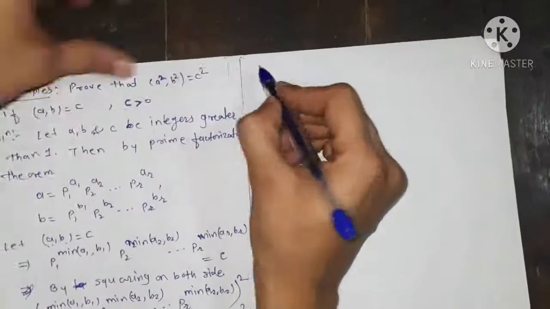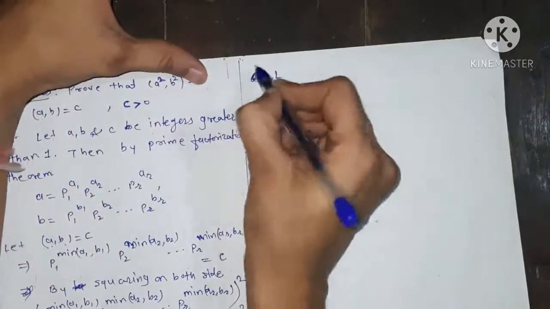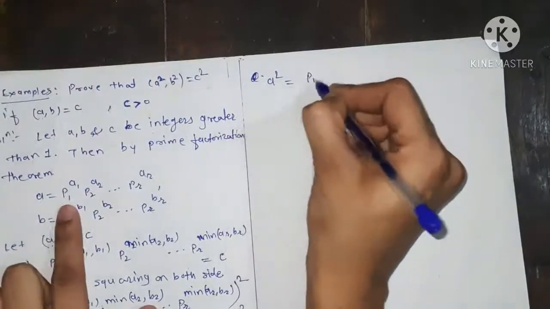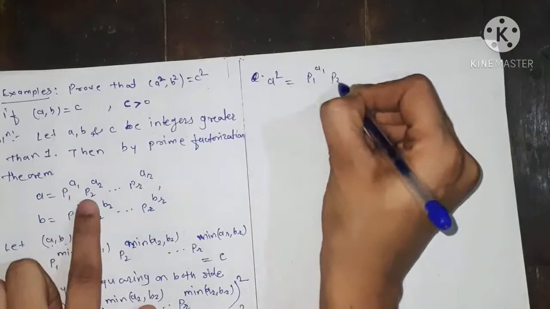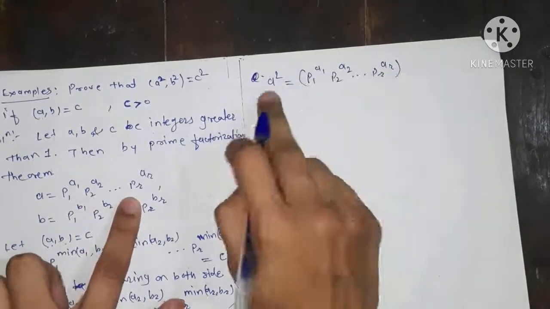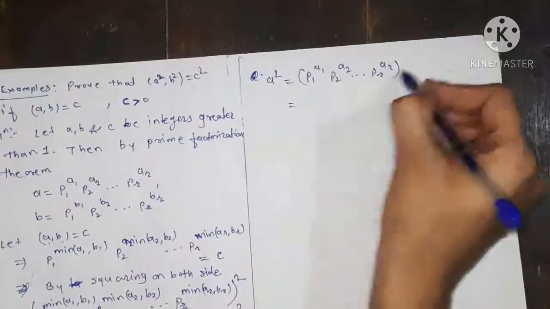That is, we write here: what is a square? A square is the square of this prime factorization, p2 to the power a2 and so on, pr to the power ar. Right, so a square is nothing but this. So that is equal to the square of this one.